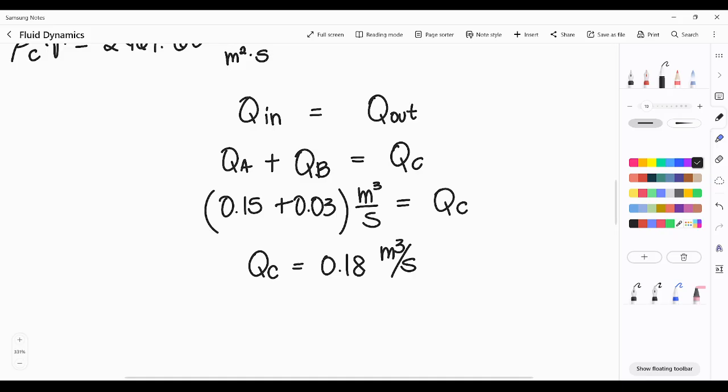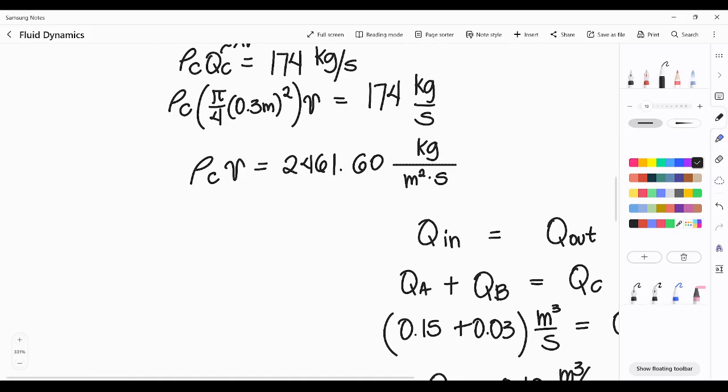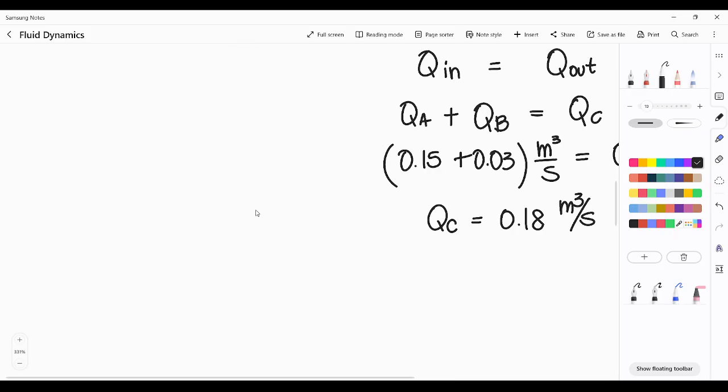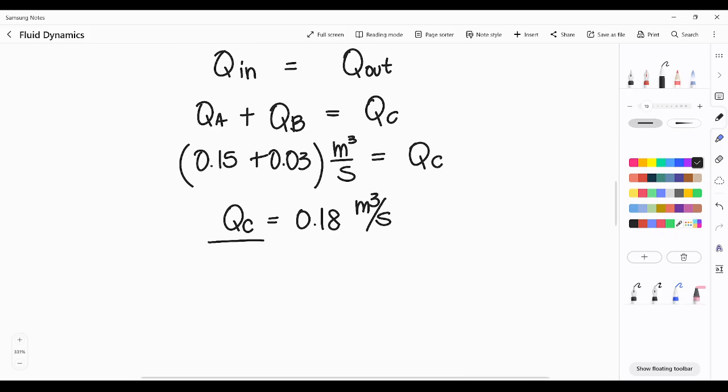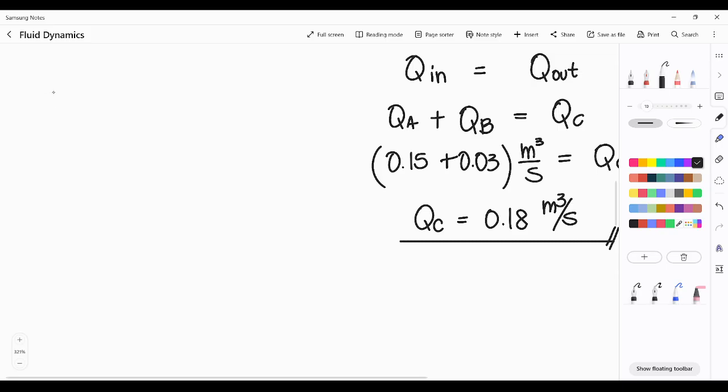Now na alam na natin yan, we could solve for the velocity. Kasi, we know, di ba meron na tayo nito? Yan. Alam natin that Q is equal to area times velocity. So, for C, we need the area of C and the velocity at C.